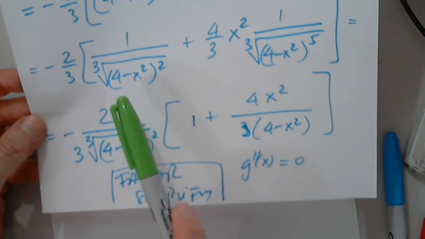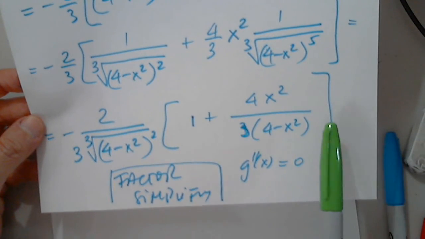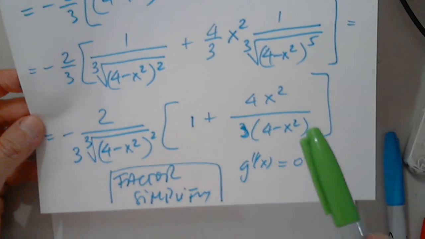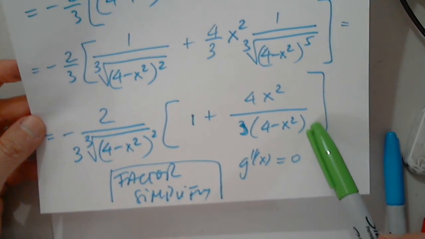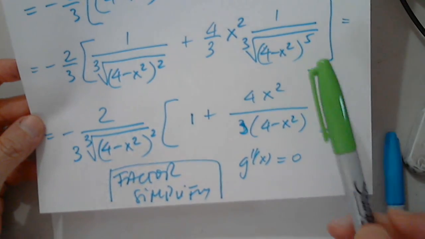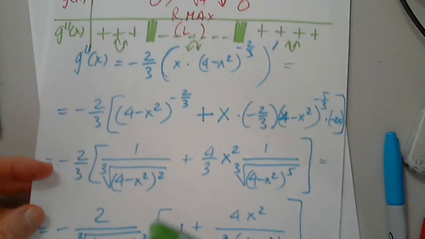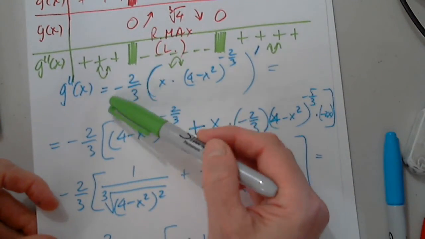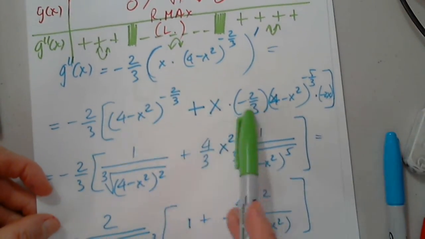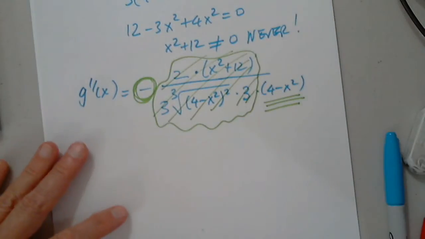So you understand that this times this, which is the cube root of (4 minus x squared) cubed, will give us this, and this times 1 will give us that. Again, please remember factoring, because this would have been a bigger mess with -2/3 in there.